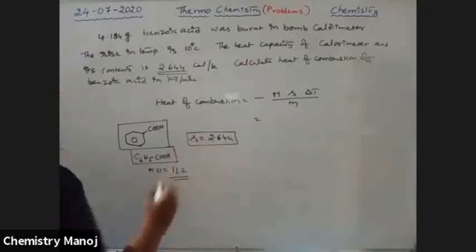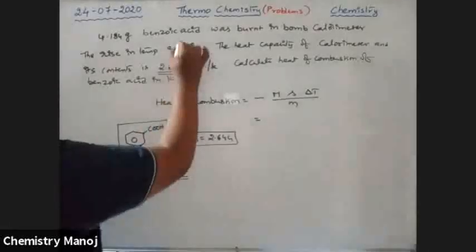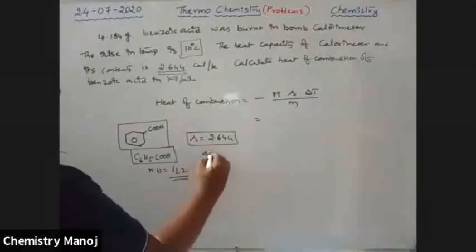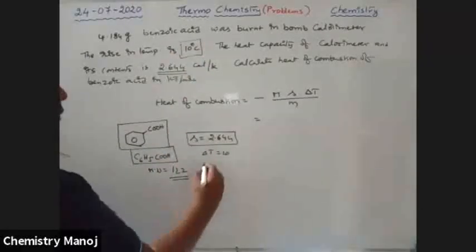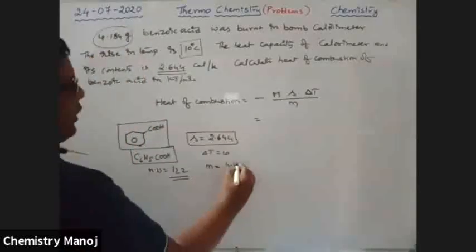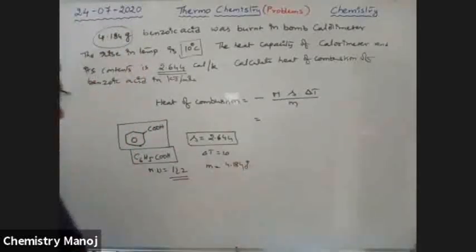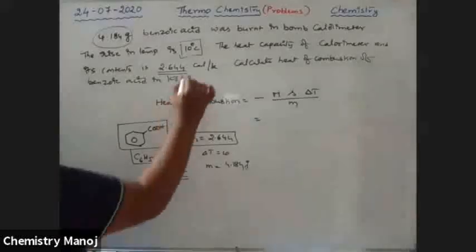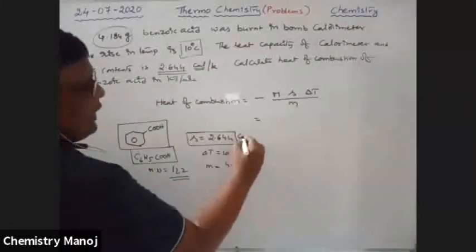Delta T, the rise in temperature, is 10. M is the mass of the substance, 4.184 grams.